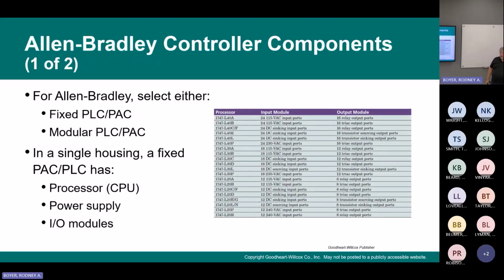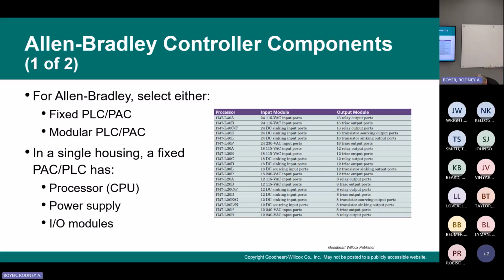Allen Bradley controller components. There again, this is for SLC 500 as opposed to MicroLogix, but many of the modules that you see listed on here in the 1747 or SLC family, you're wanting to read through everything. No, I said flip through it. You know what?